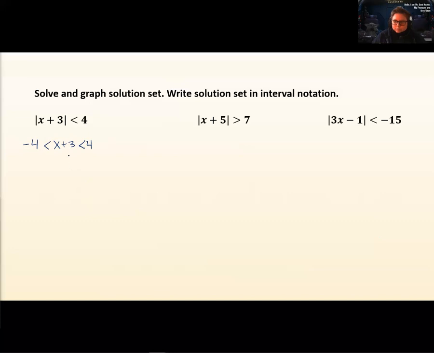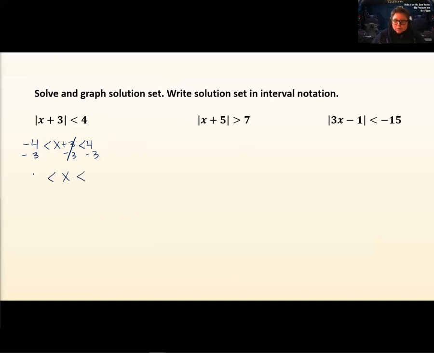We subtract 3. The key here is if you subtract 3 from one side, you subtract 3 from all sides. So that gets rid of that. So we only have an x in the middle, and we can bring this down.